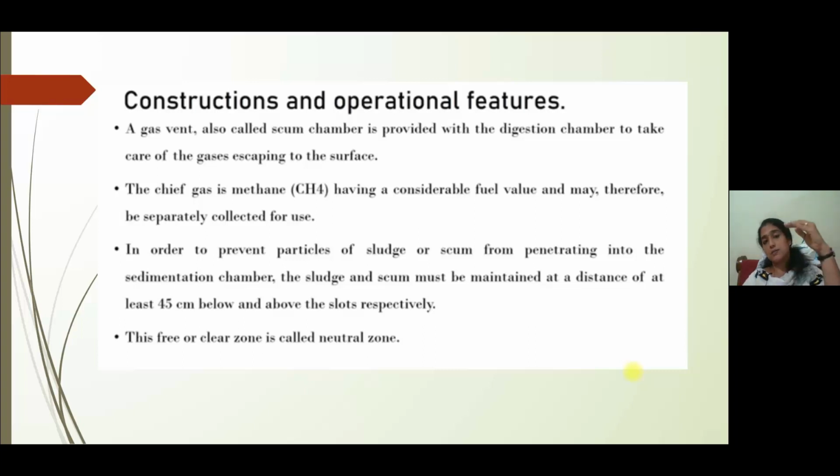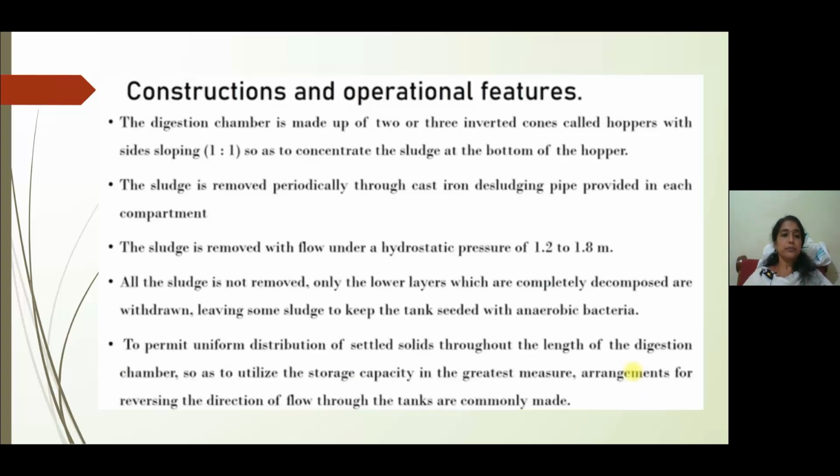That is, a slot is provided at the bottom of the sedimentation chamber and a slot is provided at the top of the digestion chamber also. This free or clear zone, provided to prevent the entrance of the scum layer into the sedimentation chamber, is called the neutral zone.